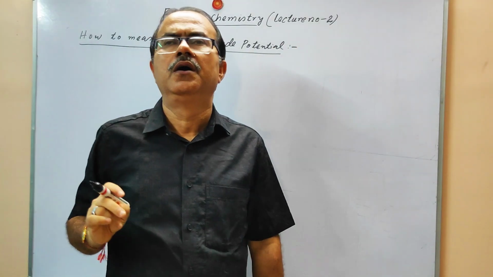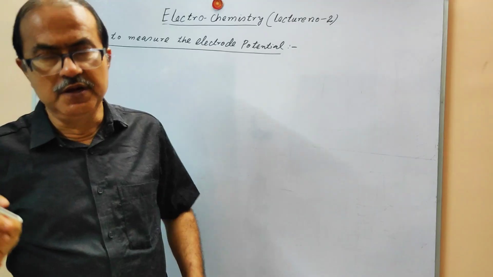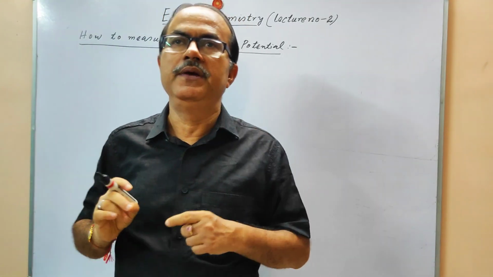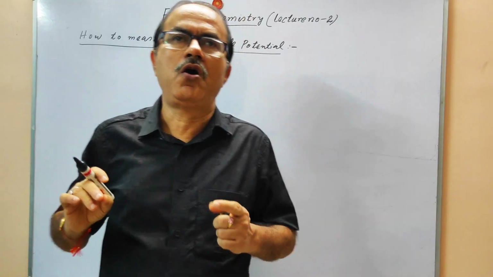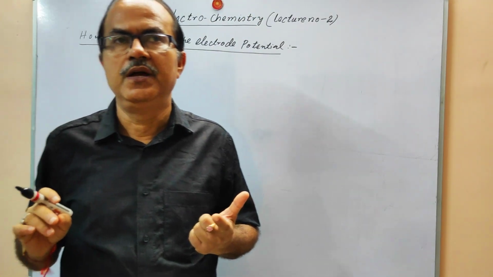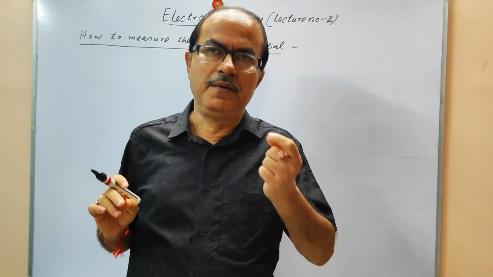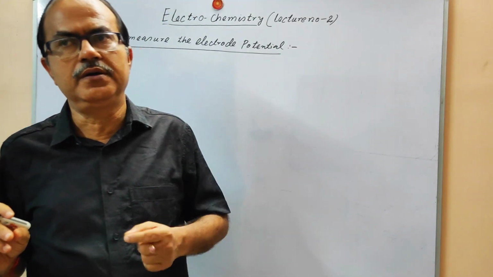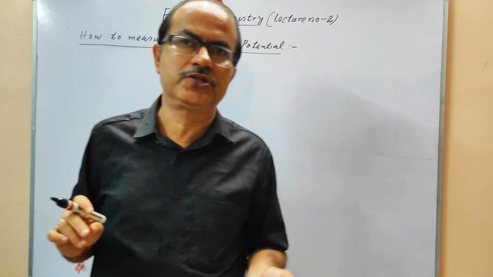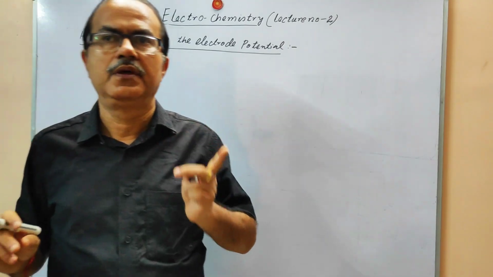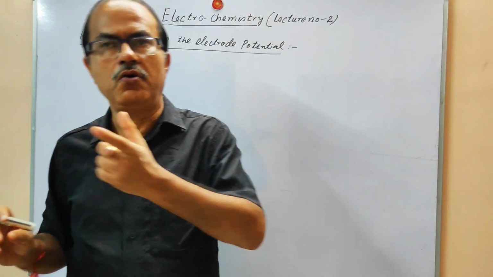It is not possible to measure individually the potential of a half cell, because a half reaction never occurs alone. It always occurs simultaneously, one reduction reaction and one oxidation reaction.